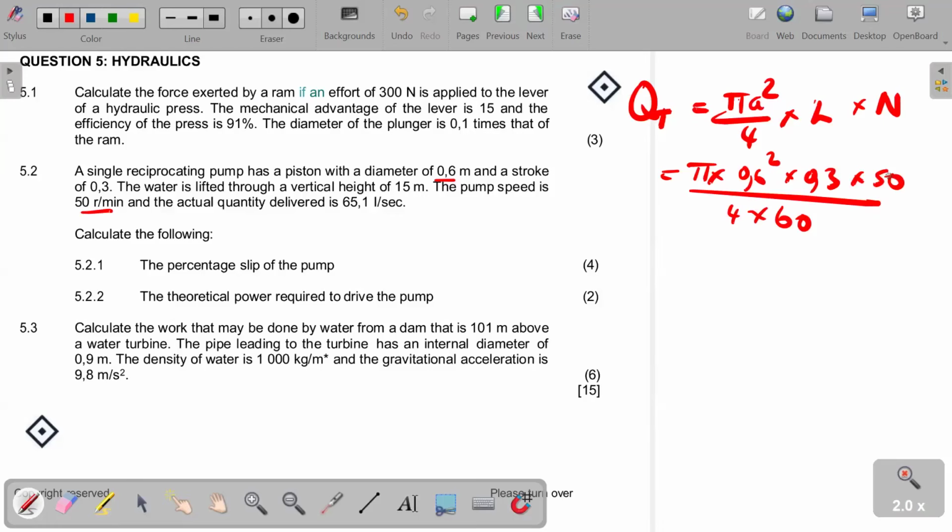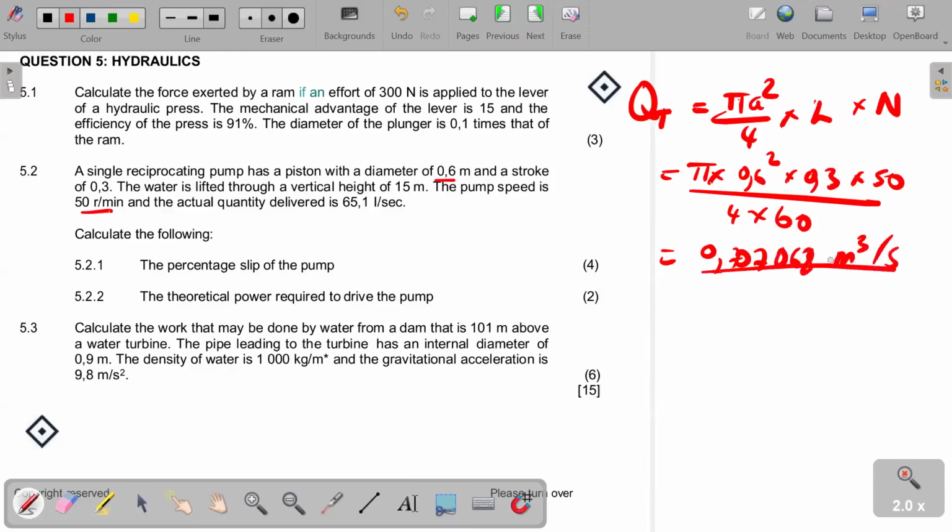Why 60? We want to convert the revs per minute to revs per second. When we punch that, we get 0.07068 cubic meters per second.